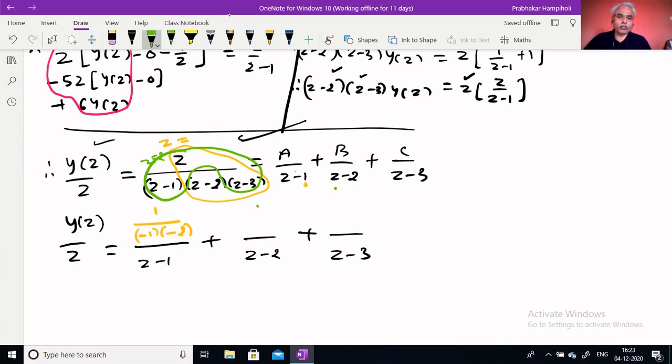So z equal to 2: 2 minus 1 and 2 minus 3. Similarly, except z minus 3, in the remaining part you put z equal to 3 for C: 3 minus 1, 3 minus 2. So our y of z by z is ready.